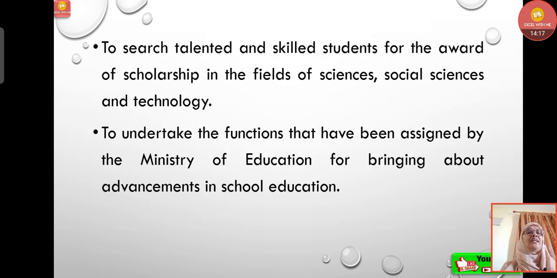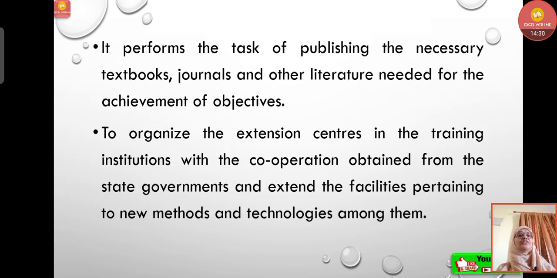Then to search for talented and skilled students for the award of scholarships in the fields of science, social science and technology. Then to undertake the functions that have been assigned by the Ministry of Education for bringing about advancements in school education. Then it performs the tasks of publishing the necessary textbooks, journals and other literature needed for the achievement of the objectives.